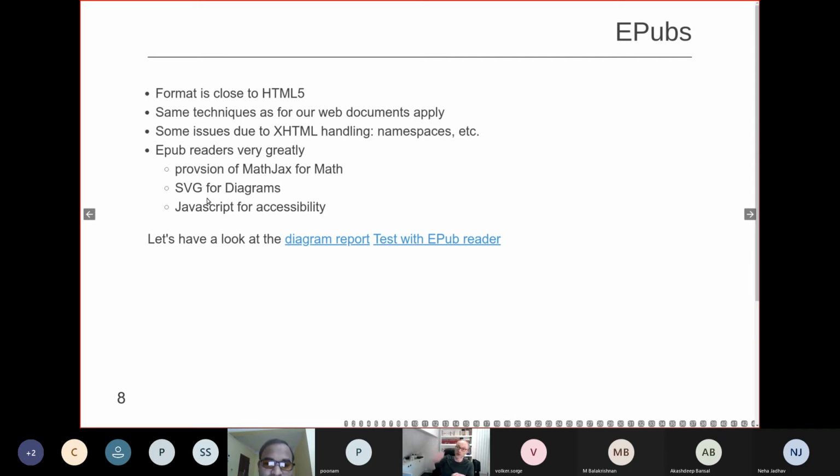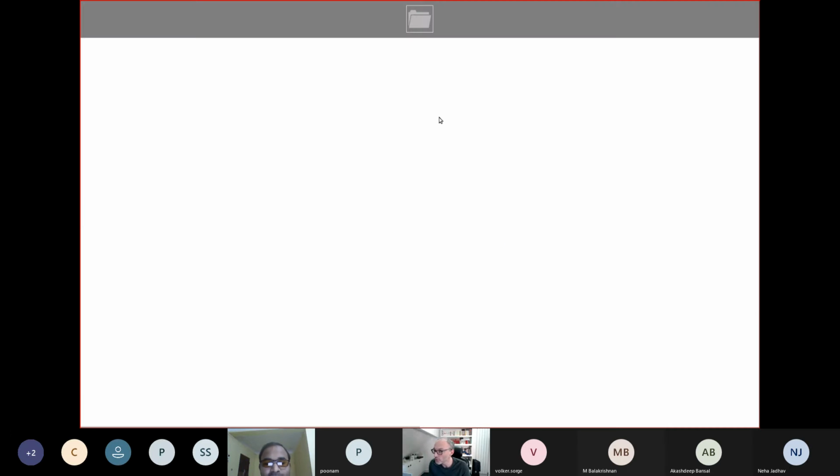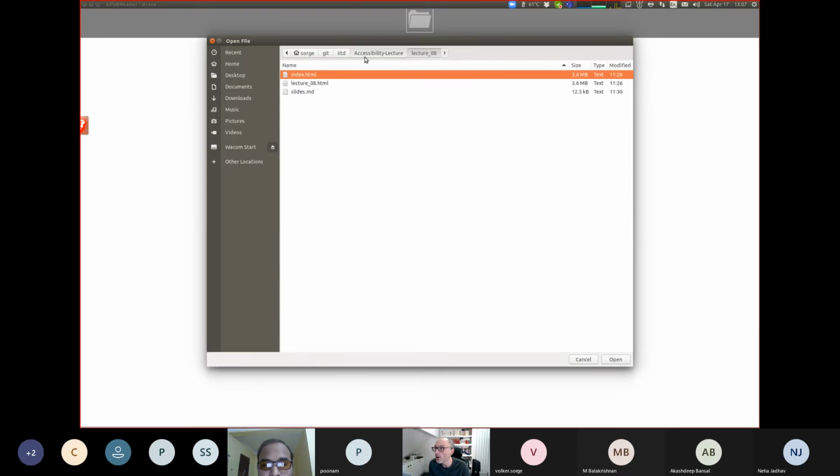And also, if you have an EPUB reader, it has to have things like JavaScript, etc., in order to get any of the more advanced accessibility features out. So, let me have a look. There's a test with an EPUB reader for, I think, a document.